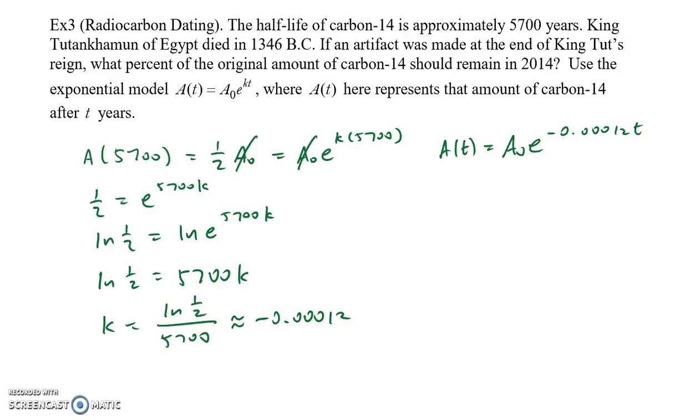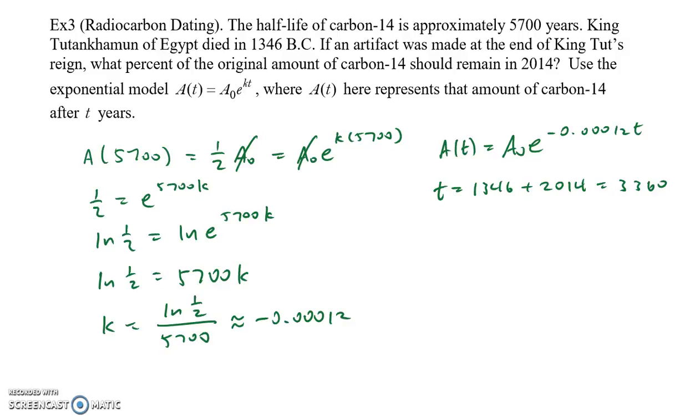So the amount of time that would have elapsed is 1346 plus 2014. That gives us 3360. So 3,360 years have elapsed since the death of King Tut, and we're going to use that for our value of time.